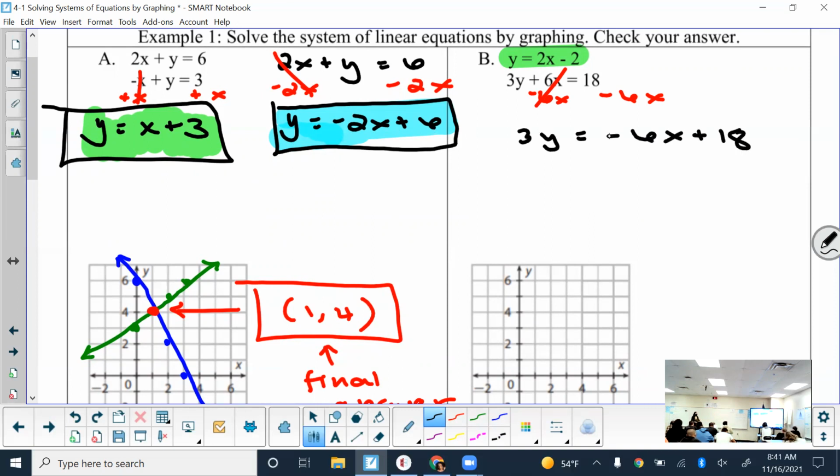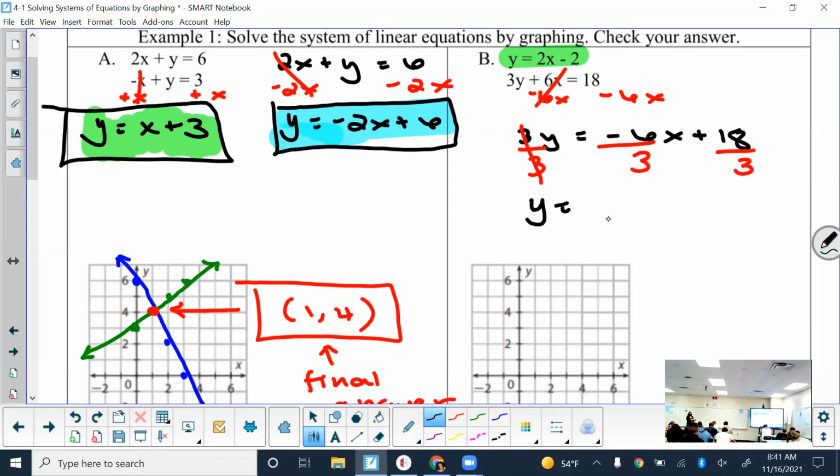Good, and I'm glad you guys got in the habit of putting the x term first so that it looks more like slope-intercept form. If you put 18 minus 6x, I mean, you're not wrong. Just make sure you don't get confused later on when you have to plot it. Opposite of multiplying by 3 is dividing. Do that on each side. Make sure you do it to each term on the other side.